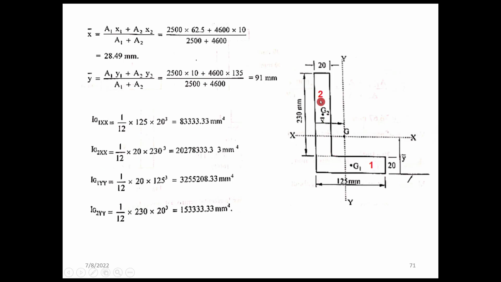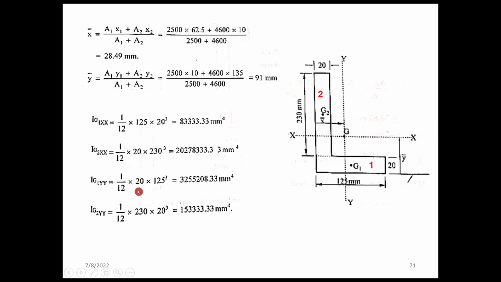And independently for the second area with respect to its own centroidal axis, it is 1 by 12 into BD cube. So 20 is the width, depth is 230. This gives a heavy value. Similarly for the y-axis, please recollect that in BD cube by 12 only B and D will interchange, right?